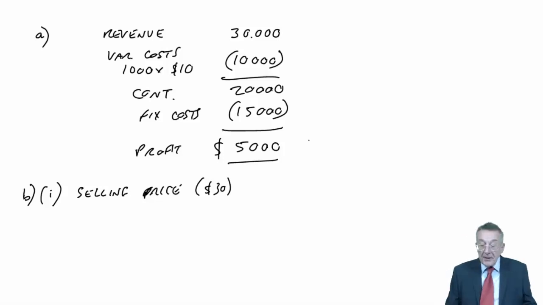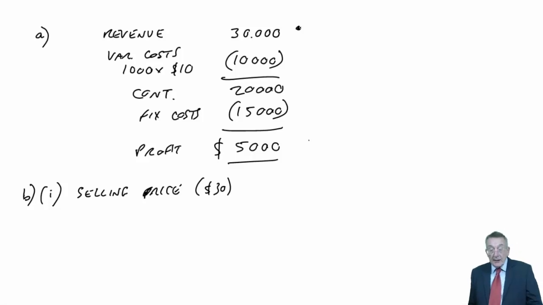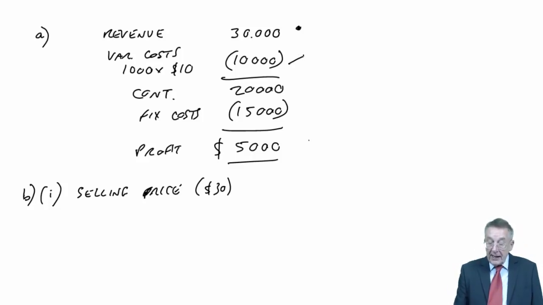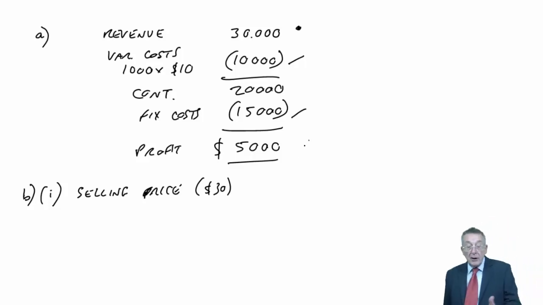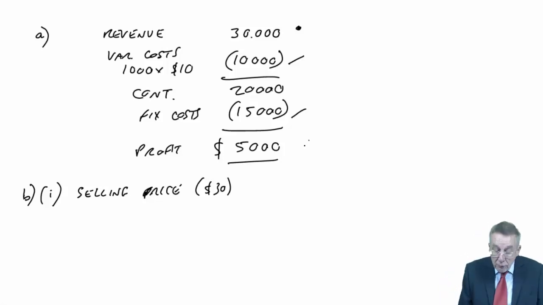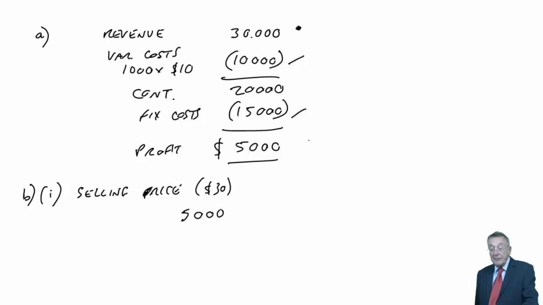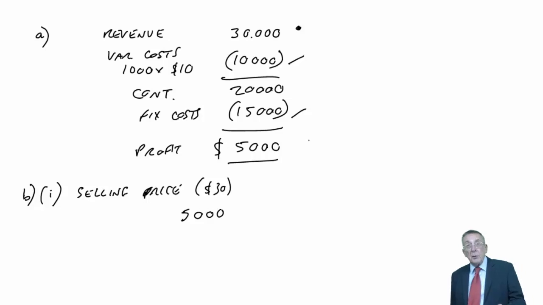We ask what percentage change in that revenue would result in a profit of 0? Surely, if the variable costs stay at 10 and fixed costs stay at 15, for the profit to fall by 5,000, the revenue would have to fall by 5,000. I don't think I need to write them all down. If revenue falls by 5 to 25, the profit ends up being 0. So we can afford the revenue to fall by up to 5,000.